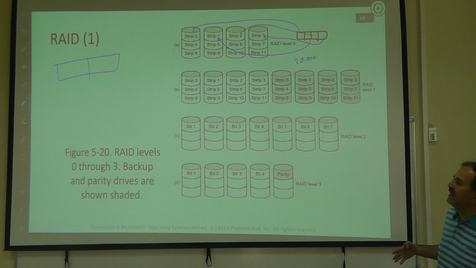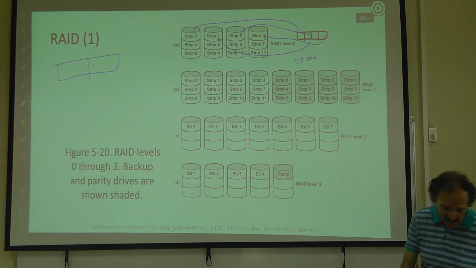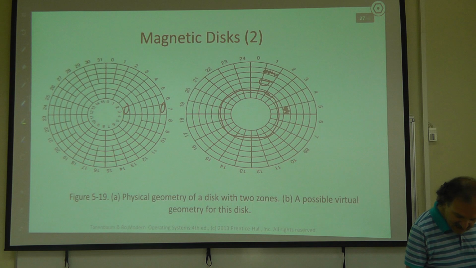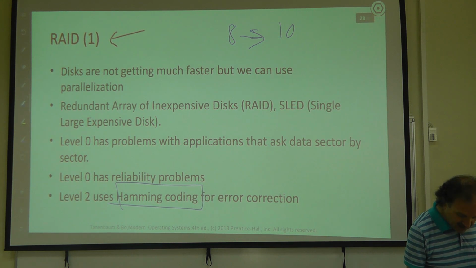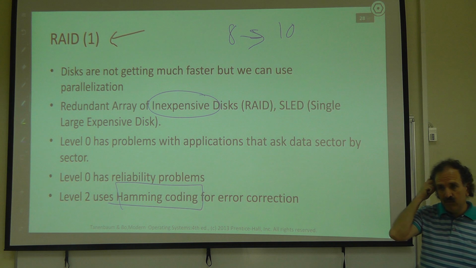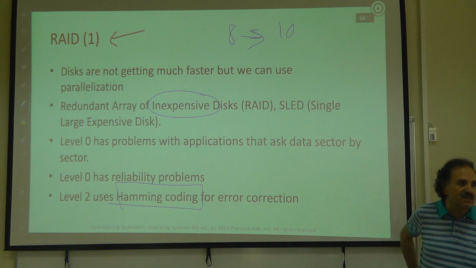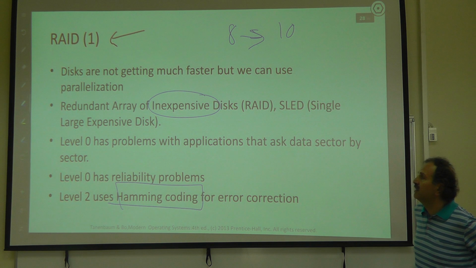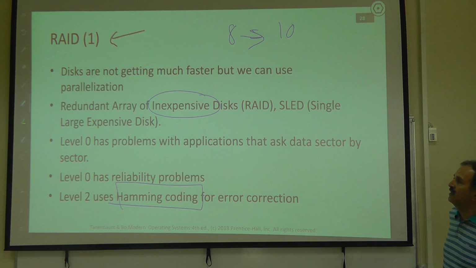You might say, isn't it expensive to have this number of disks in the same system? Remember what RAID said? It is a redundant array of inexpensive disks. I am not using very expensive disks here, I am using average disks, maybe a few $100 worth of disks.